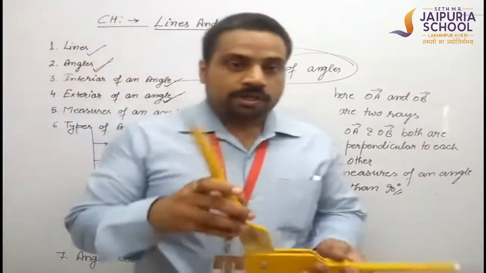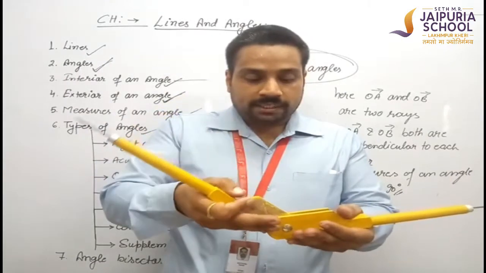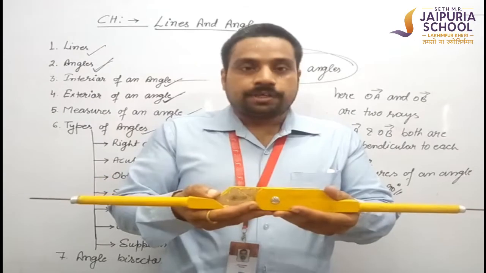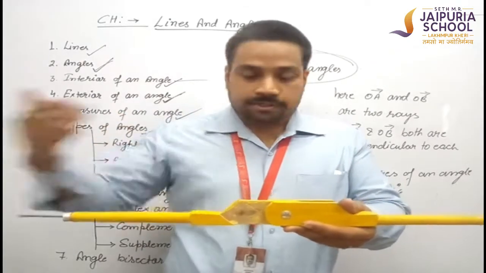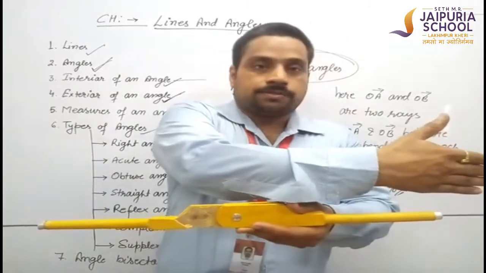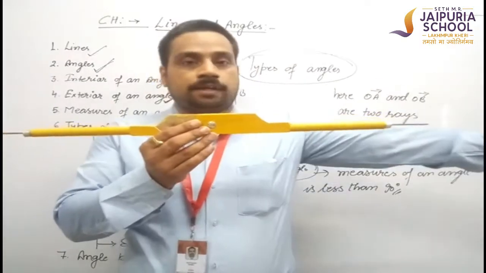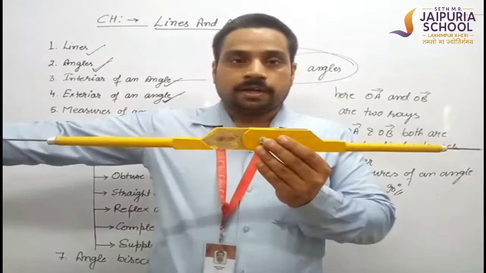And now, what is a straight angle? In a straight angle, when you bend this one and it is just opposite to each other, now this ray is in the opposite direction to this ray. The direction of this ray is to my left hand and the direction of this ray is to my right hand.